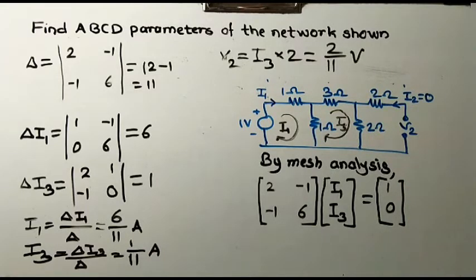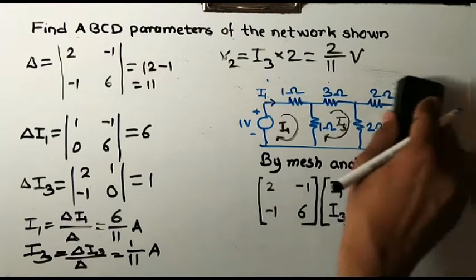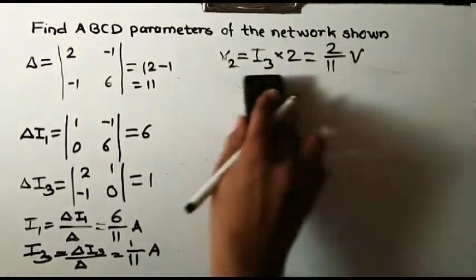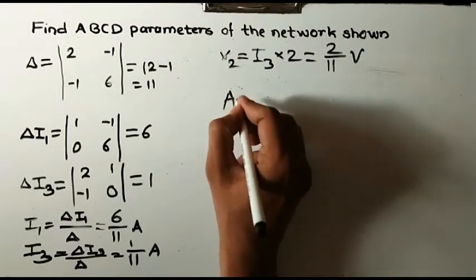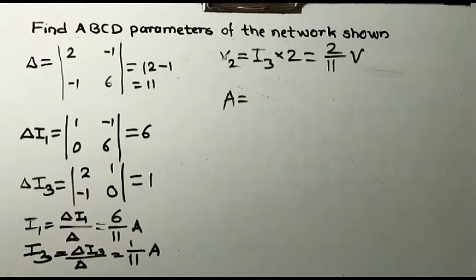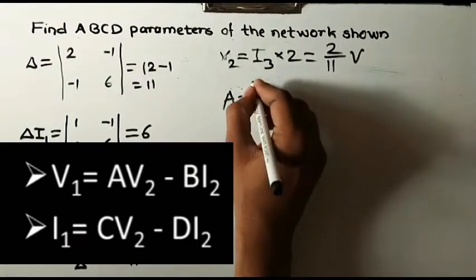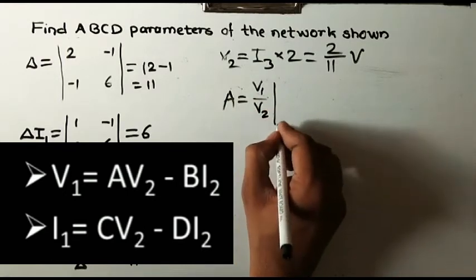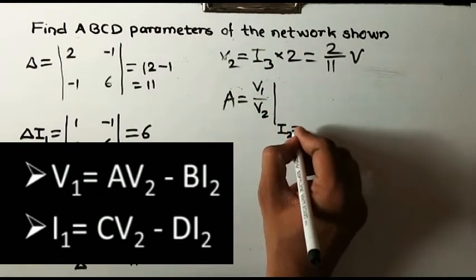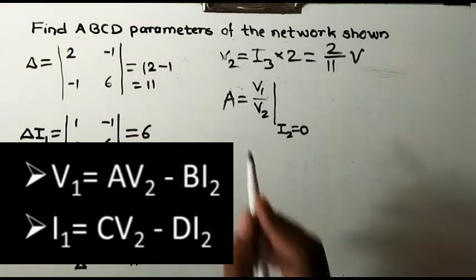By definition of ABCD parameters, we first open circuited port 2, and therefore we can find the values of A and C here. By the definition of ABCD parameters, A is equal to V1 upon V2, considering that port 2 is open circuited, that is I2 is equal to 0.